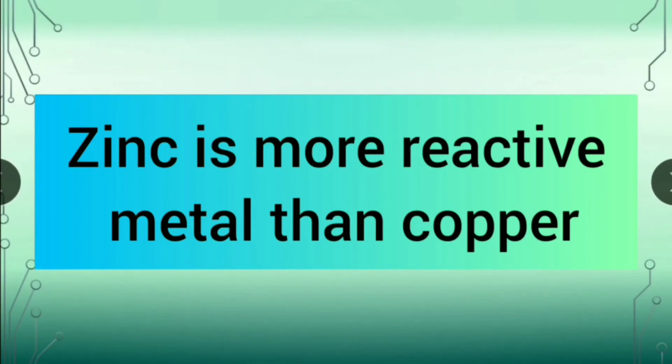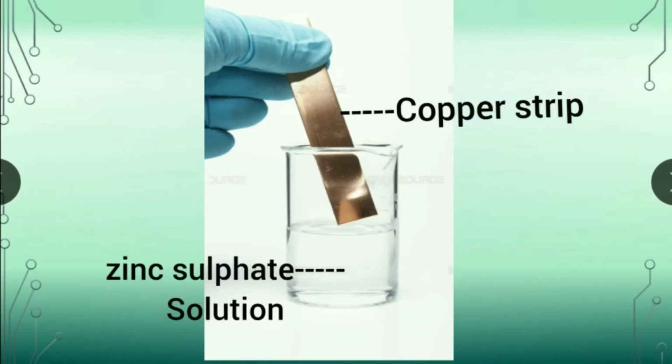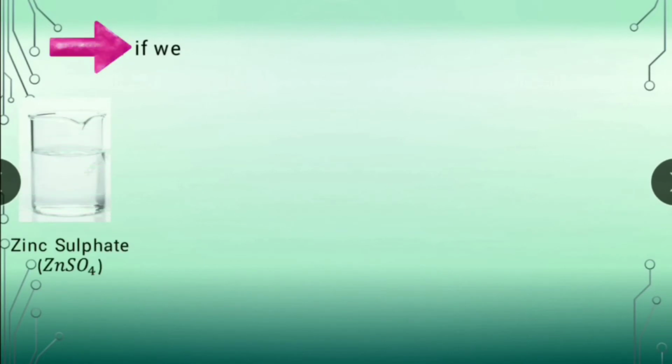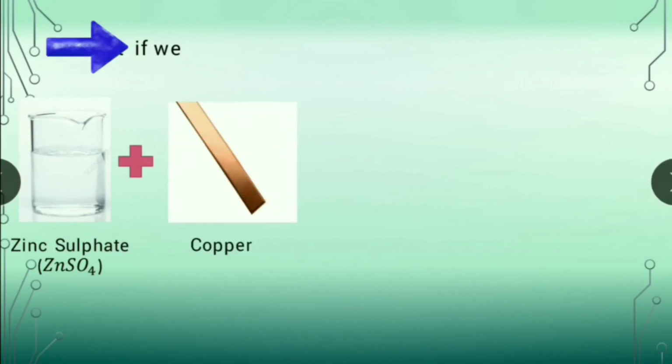Let's reverse the case in which a copper strip is placed in zinc sulfate solution. If we take zinc sulfate solution and add copper to it, we will place copper strip into this solution. Then what will happen?